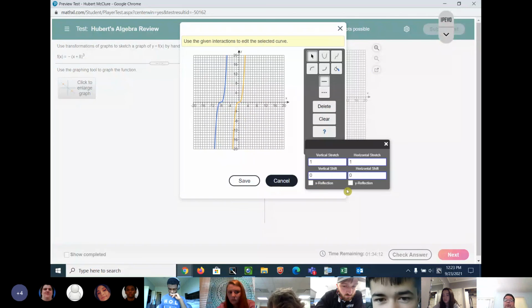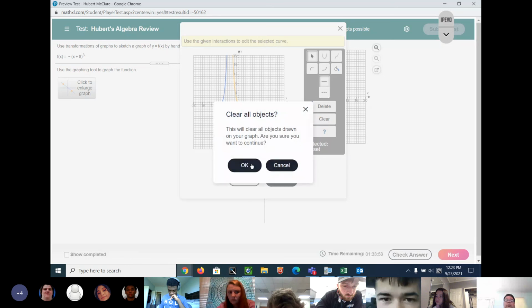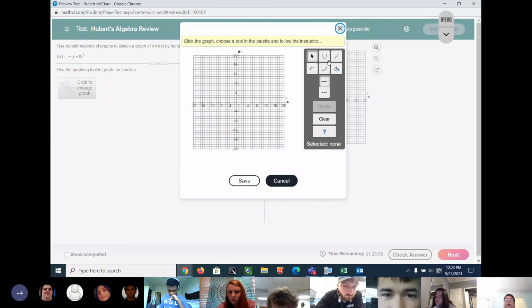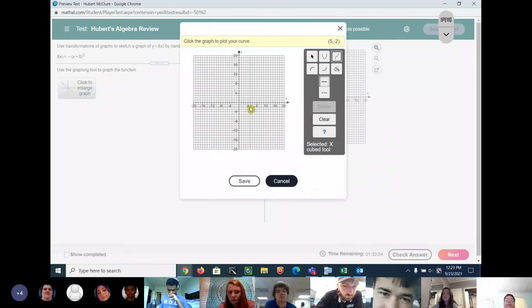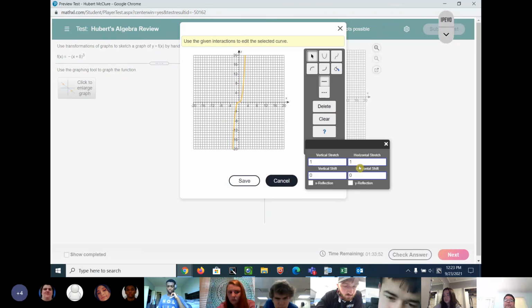And that would be around the origin. That would be around the, no, around the x-axis. And a negative, let me clear it. Hold on. Clear. There. All right. A cubic function. We're going to flip it around the x-axis.